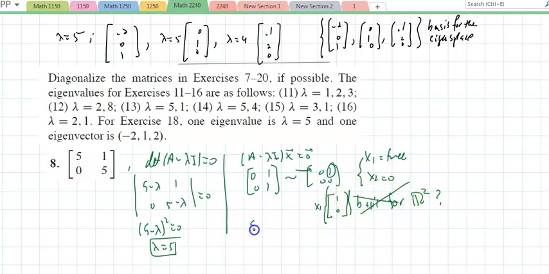We say, since we cannot generate an eigenvector basis for R2, then guess what? A is not diagonalizable.